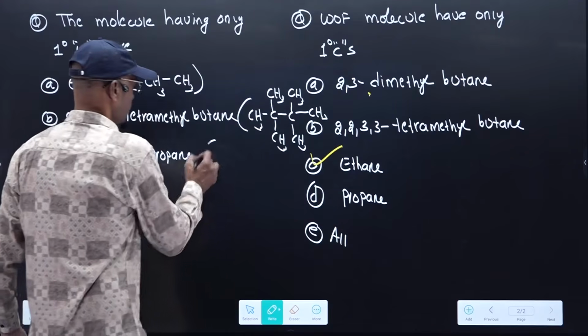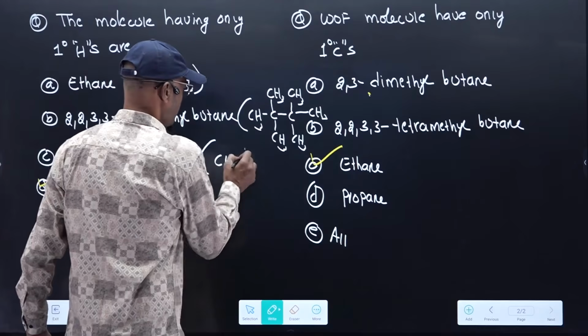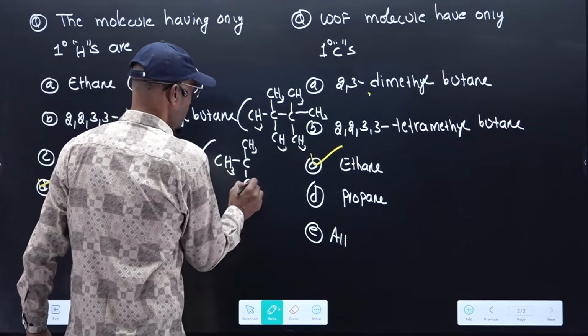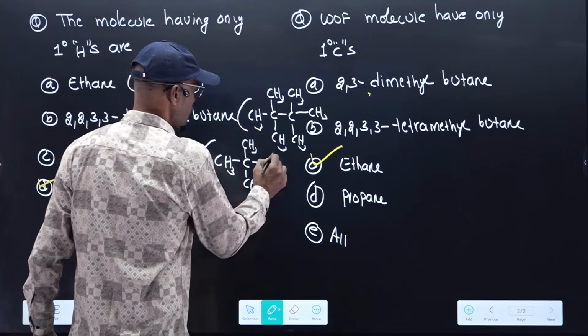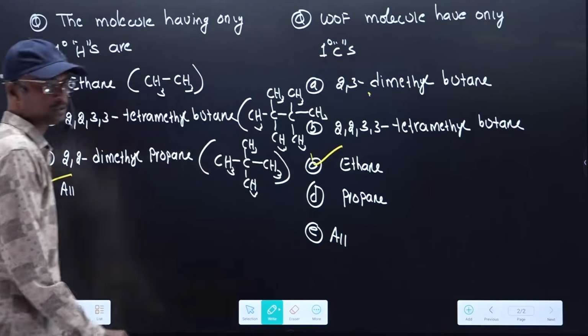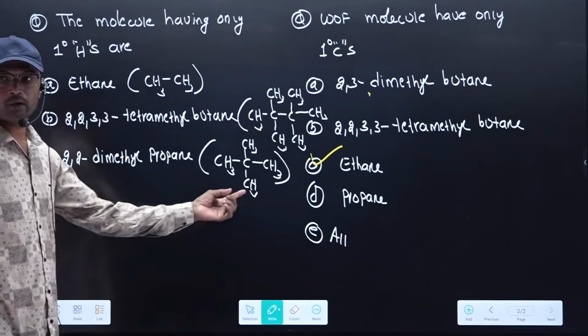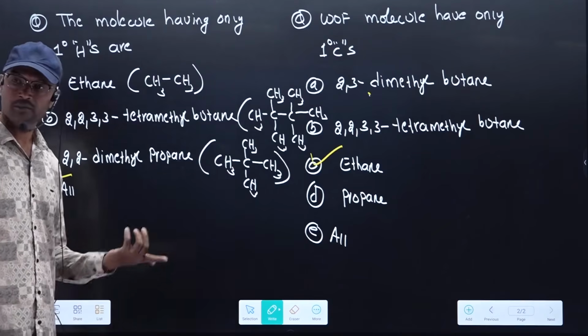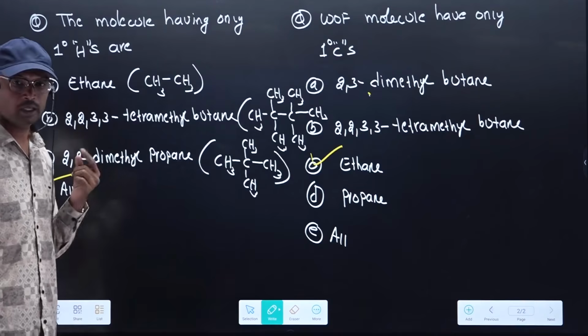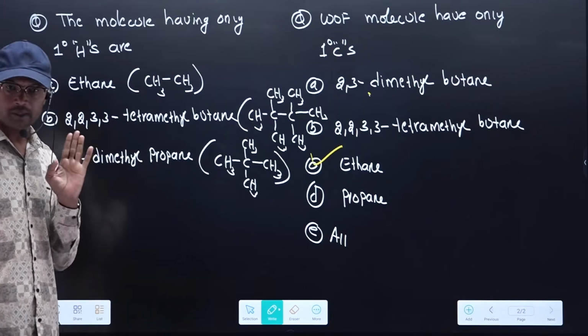Now this one, propane. If I take 2,2-dimethyl propane, how many methyl hydrogens are present? 12. Are all 12 hydrogens primary? Yes, primary hydrogens. I am not asking about primary carbon.